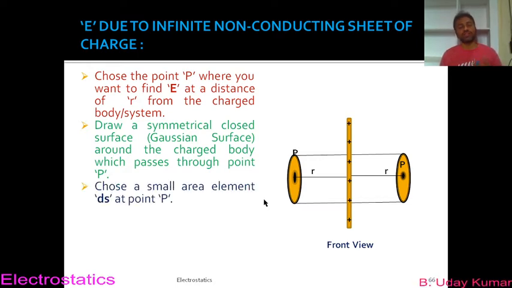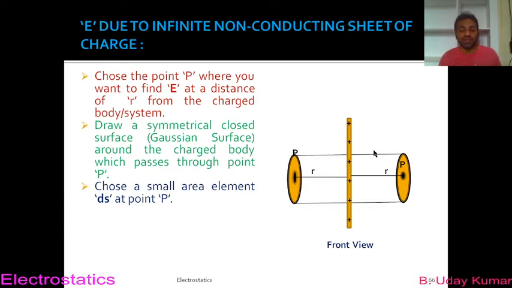Now the next thing is that you have to choose a small area element at point P. Since the cylinder that has been constructed here is horizontal, you can assume that the area at point P itself is small. Remember, the cylinder has three faces here.